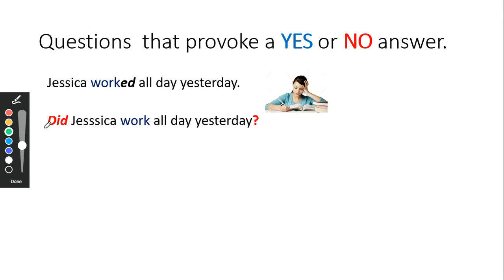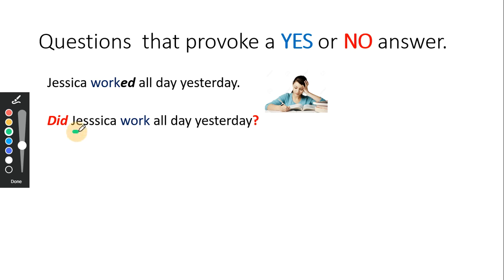Now, I want you to pay attention here. What I did with the original sentence, all I did is I added the auxiliary did. We use this word did to form questions in the past. So this sentence is in the past, so I need to use the auxiliary did to make the question.